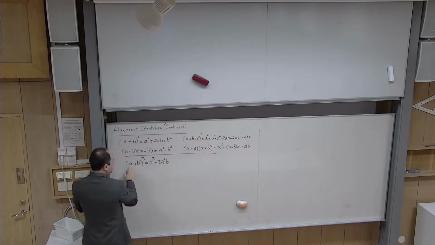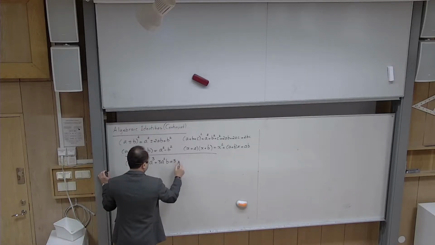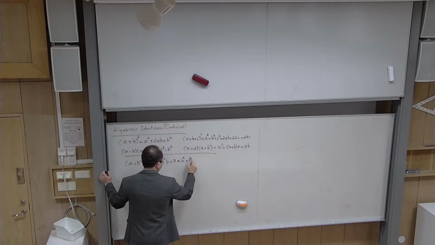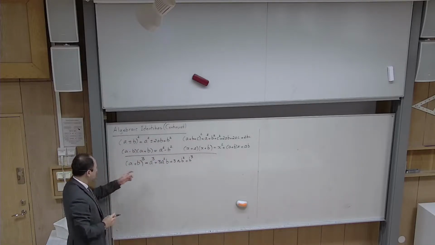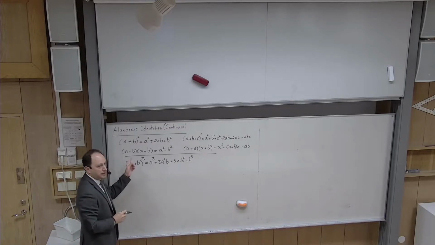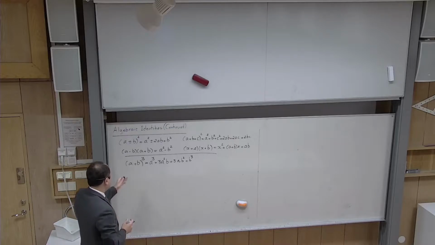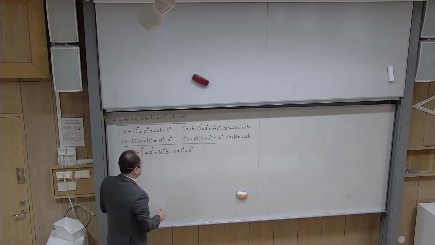So the first one cubed plus 3 times the first one squared multiplied by the second one, plus the other way around, 3 times the second one squared multiplied by the first one, and finally plus the second one cubed. And using this identity, it is better to interpret the first one and the second one as the terms containing the signs, okay? First of all, if I introduce an identity, I have to have a proof for it for you.